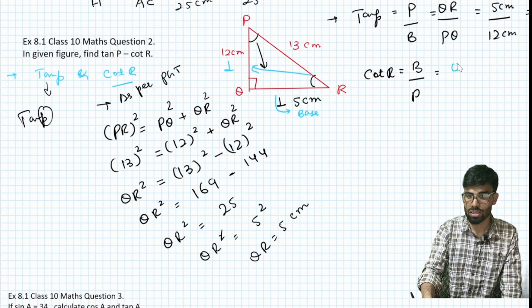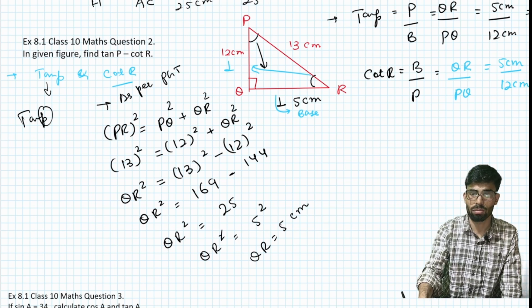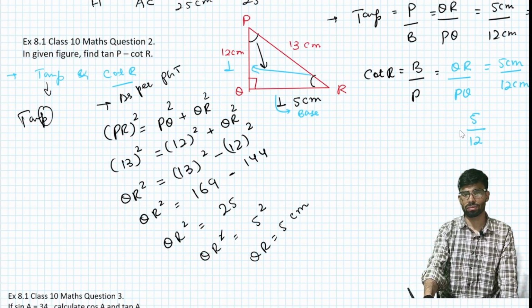That means base is QR upon perpendicular PQ. So base is 5 centimeter upon PQ is 12 centimeter. Centimeter will get cancelled out, and we will get 5 upon 12 as the solution.